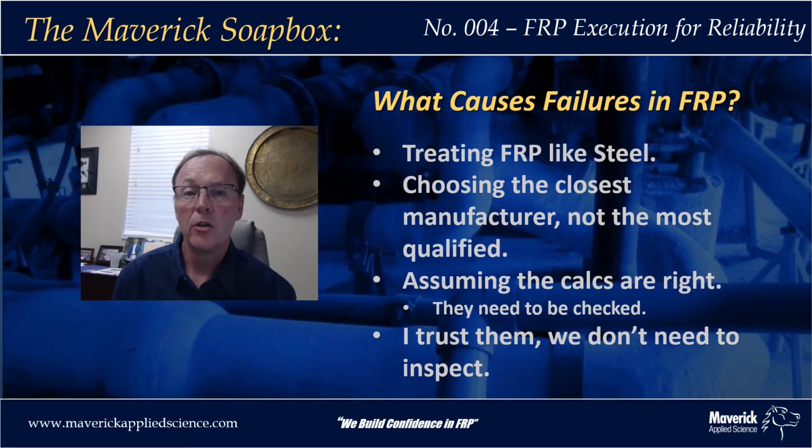You know them most from field service, so make sure that you get the most qualified guy. It will definitely pay dividends. And then, again, assuming the calcs are right. Every step, every document on the project, you need to have checks and balances. So if you get calcs, make sure they're checked by qualified people.